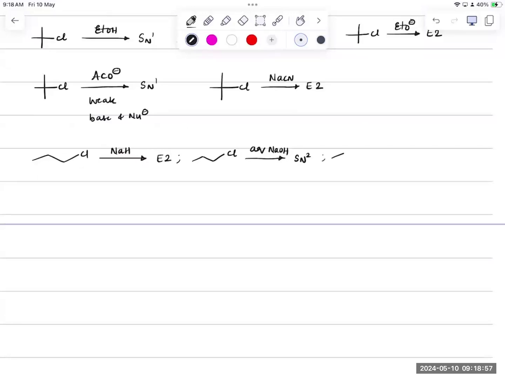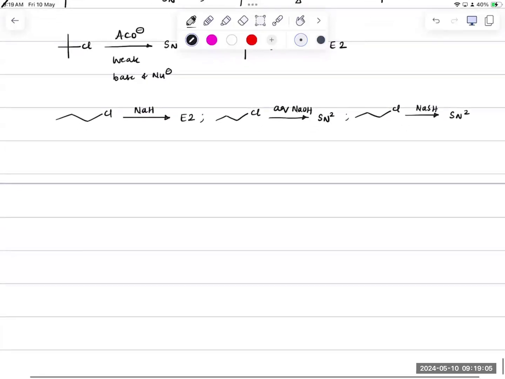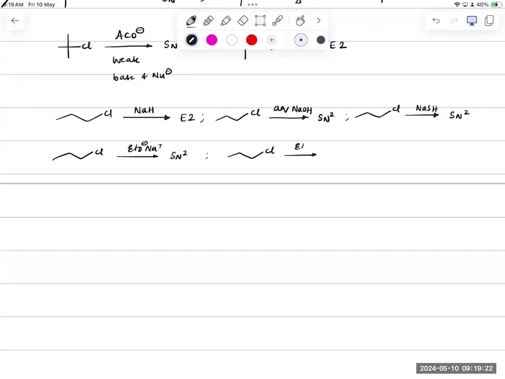Correct? If you have NaSH given, also SN2. If you have EtO minus Na plus given, you will think in terms of SN2. If you have EtO minus and heat is given, you think in terms of E2.